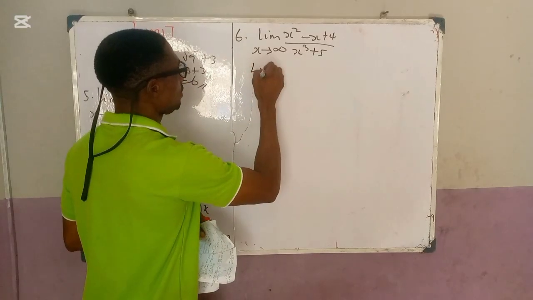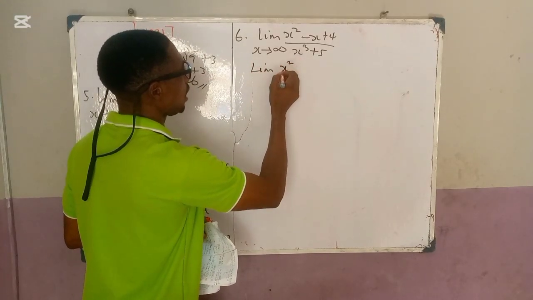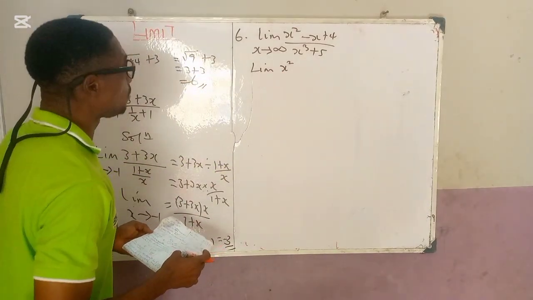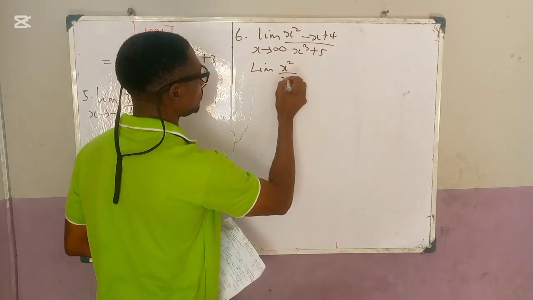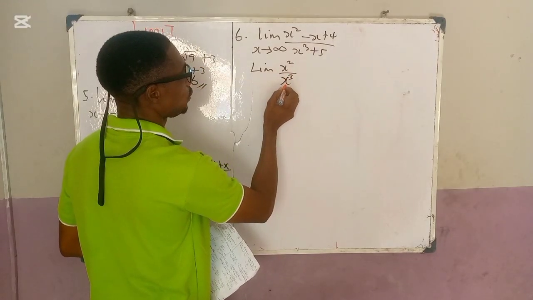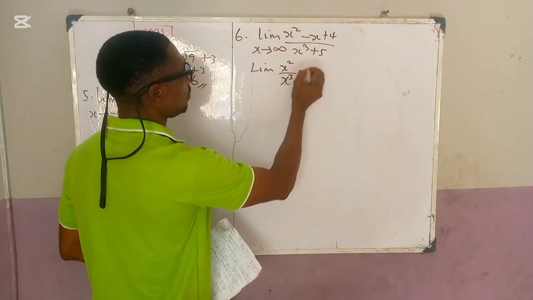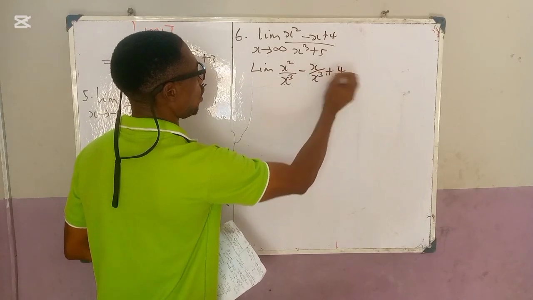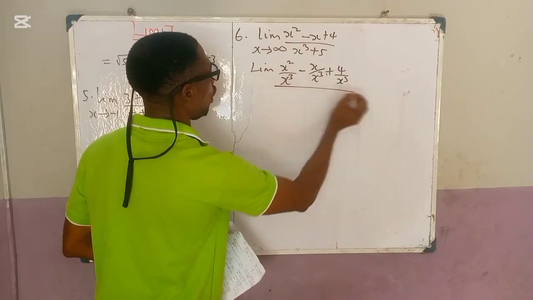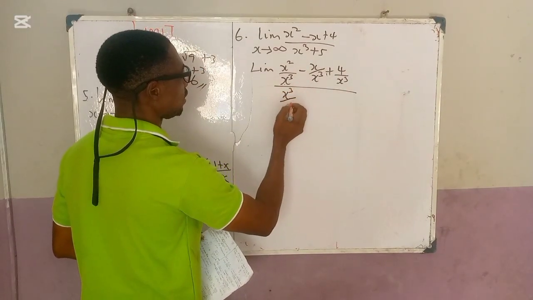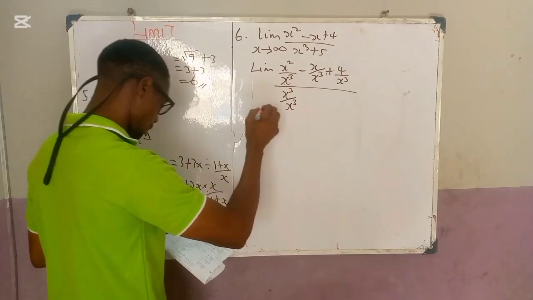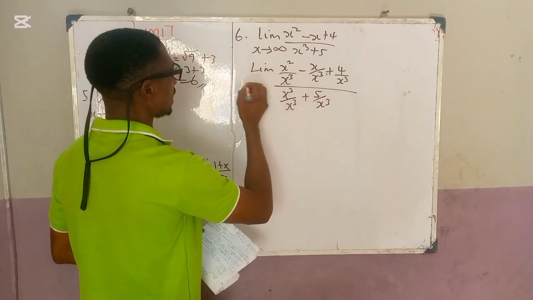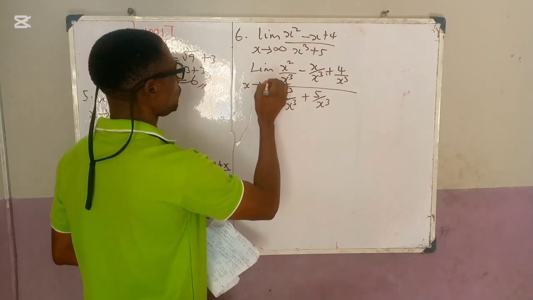This is the limit. We have x squared divided by x raised to power 3, minus x divided by x raised to power 3, plus 4 divided by x raised to power 3, all over x cubed divided by x raised to power 3, plus 5 divided by x raised to power 3, as x tends to infinity.